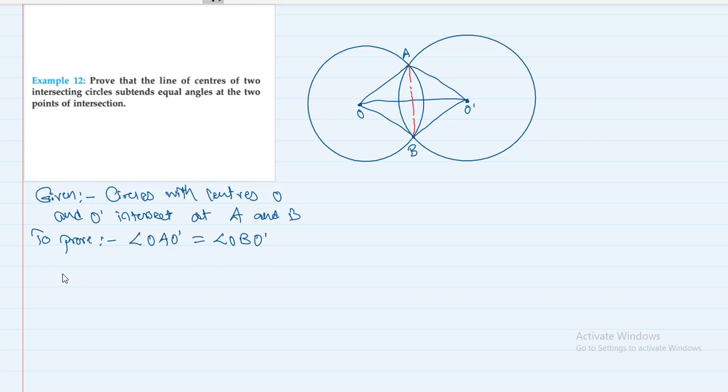Great. To prove OAO dash is equal to OBO dash. Construction: join AB. Join AB.